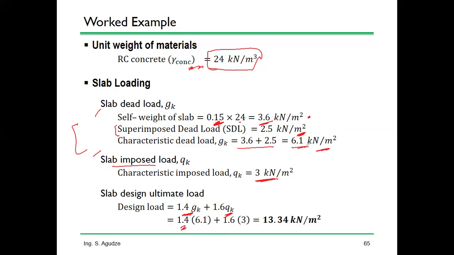So 1.4 GK and 1.6 QK, and we'll get 13.34. So finished? Remember, this procedure will not change. It's the same thing every time you are dealing with a situation of this nature. Are we okay?